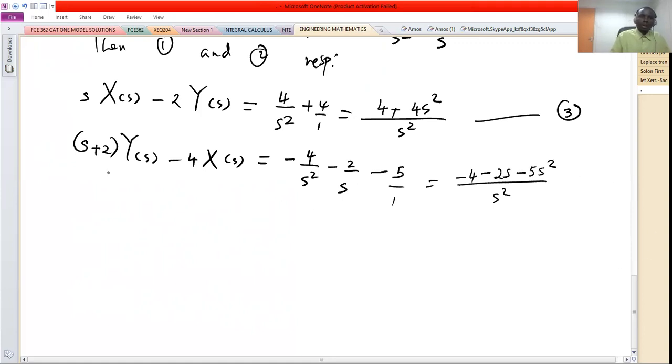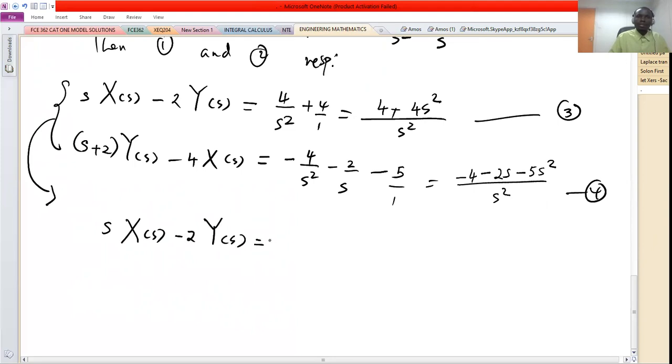If we call this one 4, then these two equations can be written as s X of s minus 2Y of s equals 4 plus 4s squared over s squared.